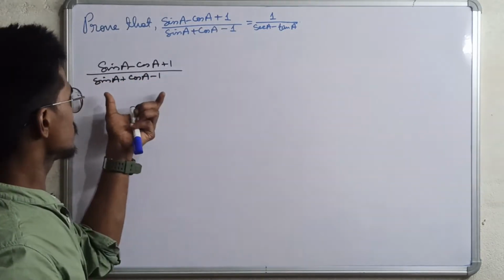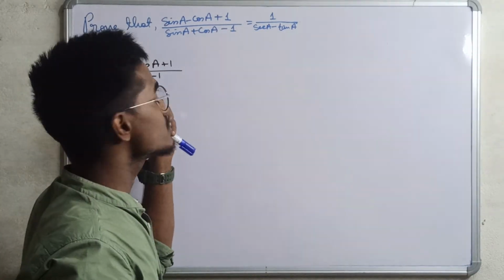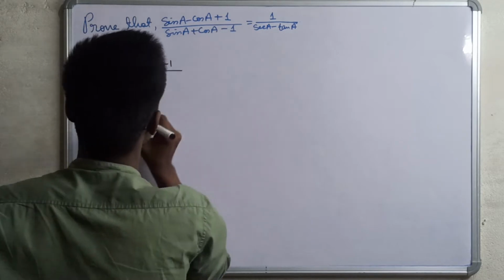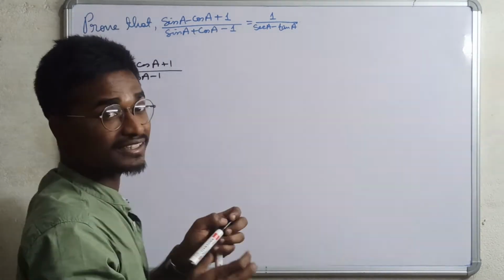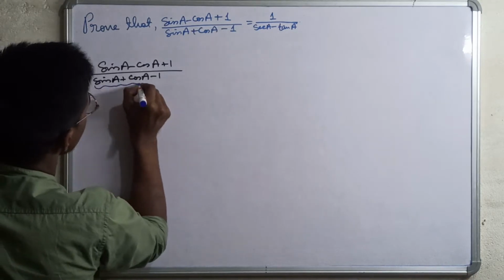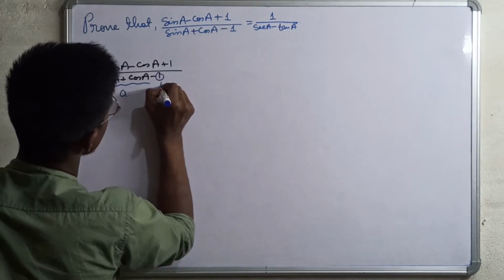So as I said, you must start rationalizing the denominator. See how I rationalize. I have taken this term as a and this term as b.